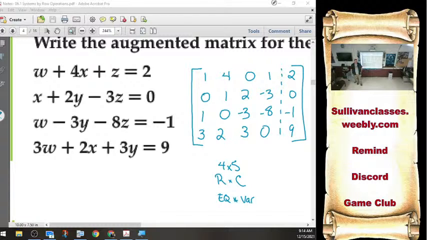Done. And all of the rules that we had for regular systems are still in play. I can multiply any of the rows by a number, I can add any of the rows together, and I can swap any of the rows around.